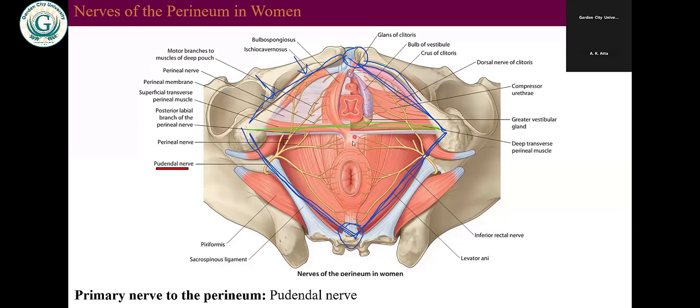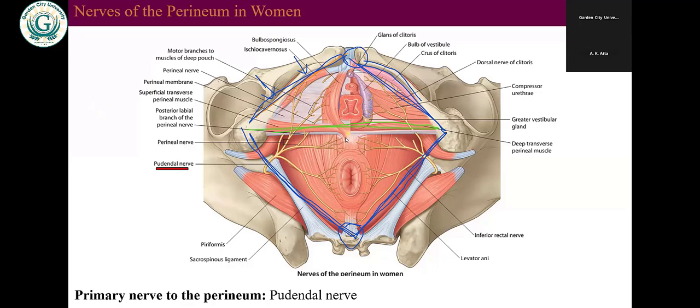This area between the midline connecting the two ischial tuberosities, or the midline between the vaginal orifice and the anus, is also called the gynecological perineum. So that is the gynecological perineum.